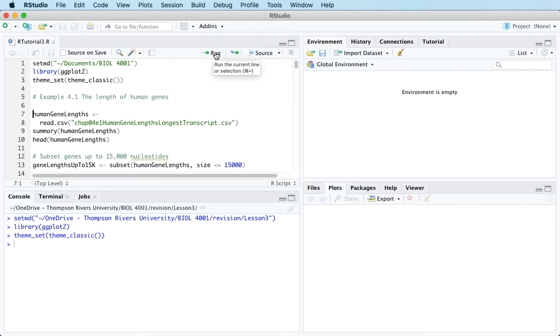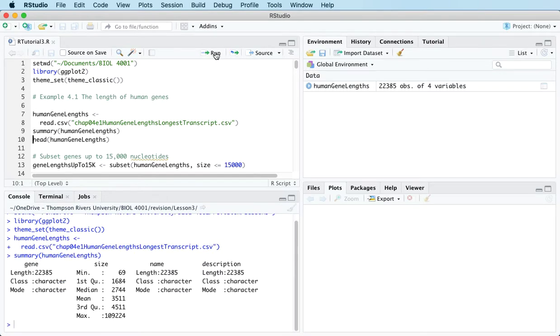Then I'll load the data, and we can have a quick look at the data. We've got 22,385 genes, all with different lengths, and we've got some names and descriptions of those genes as well. But the variable that we're going to look at is size, the lengths of the genes.